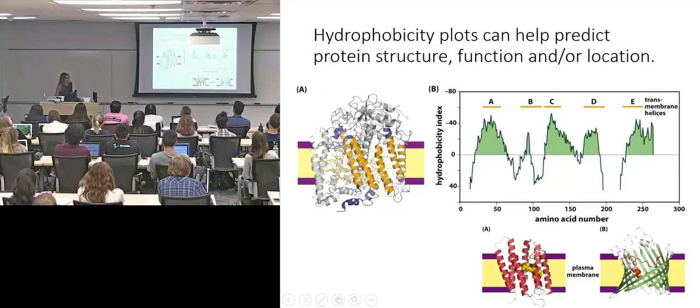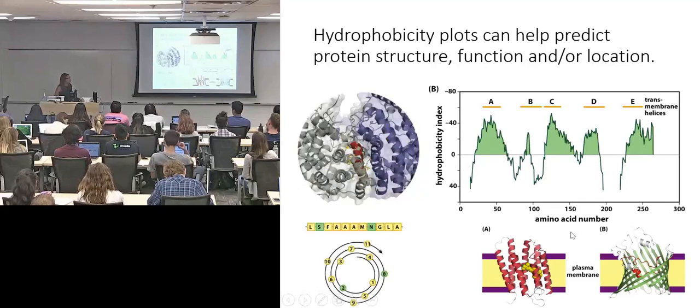It could be a beta sheet. What I can say is it's sufficiently hydrophobic, and it's a long enough string of hydrophobic stuff that it could get across the membrane. So I could predict that this could be a transmembrane segment. Okay? I can't say definitively. The other thing is that if I don't know that the location is transmembrane, if I see something like this, I might predict that I have some buried helices, okay?